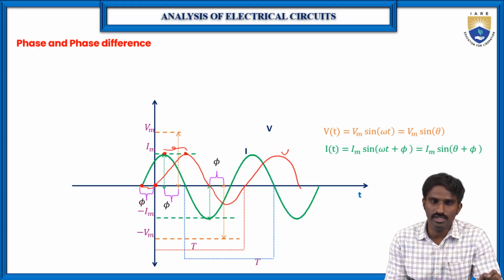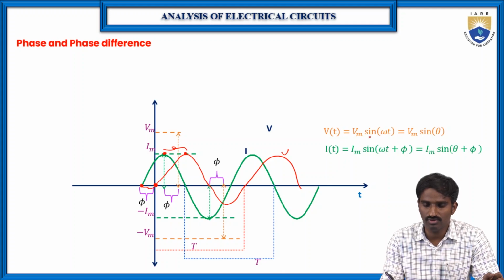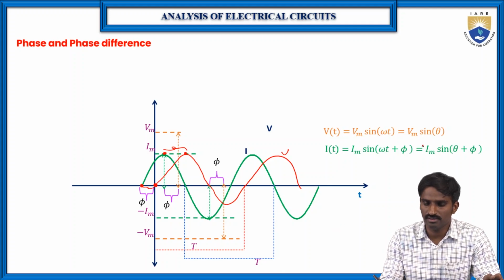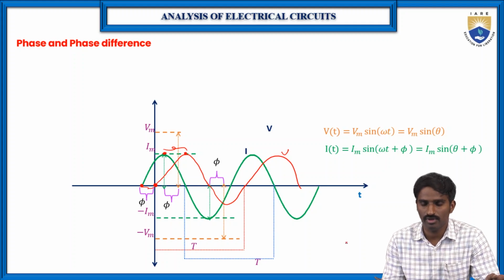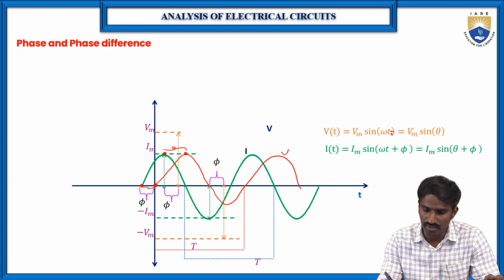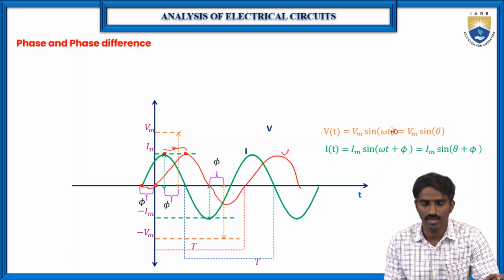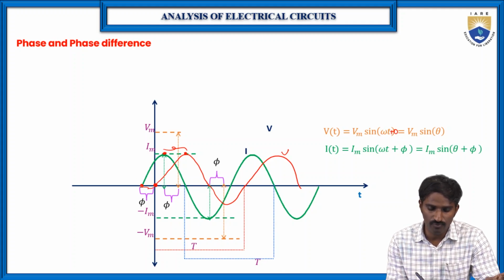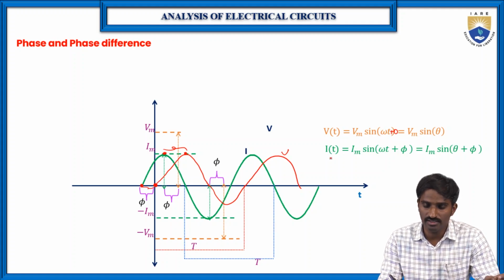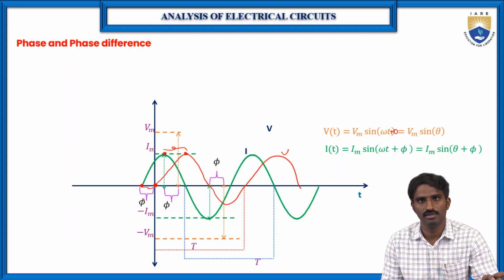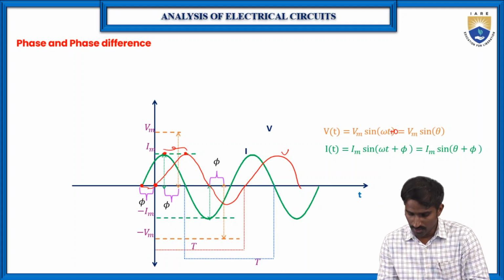Usually if the alternating quantity is starting at the 0 point, then because this is a sine wave, V of t is equal to Vm sine omega t, or in other words omega t plus 0, because it is starting at 0. But the current is started before these 0 degrees, and the phase difference between these 2 points is phi, so I of t is Im sine omega t plus phi. The difference between these two quantities is phi. So this is the phase difference between the two quantities.